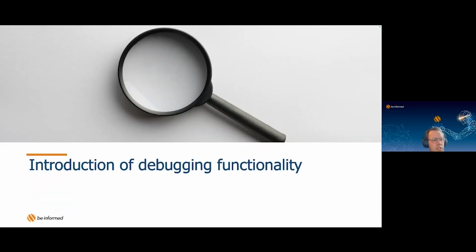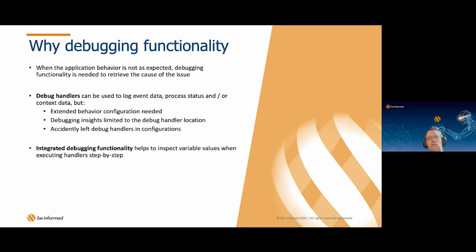Introduction into the debugging functionality. So why do we need debugging functionality? It's all about when we discover unexpected behavior, and we have to investigate what the reasons are, how this is happening.